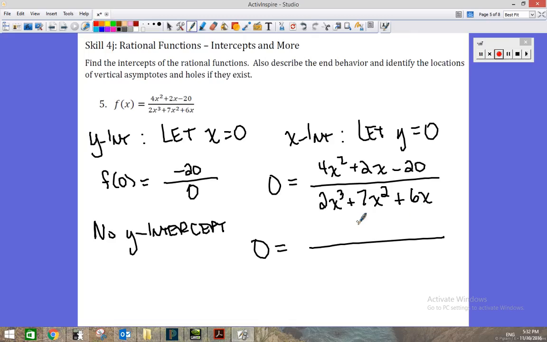All of these numbers in the numerator are even, so let's factor out a 2. In the denominator, they all have a common factor of x. Let's shrink this up and give me a little bit of room.